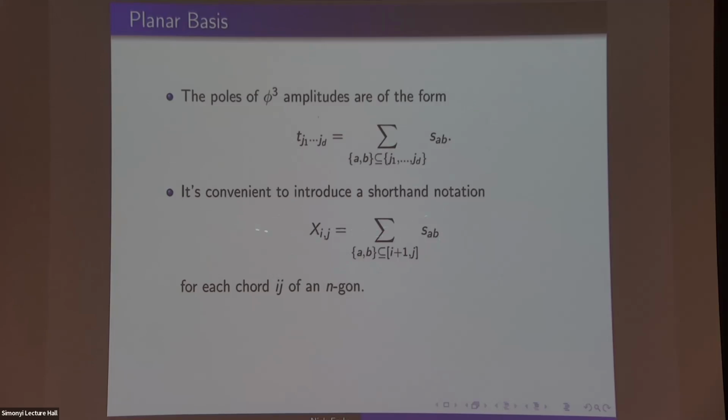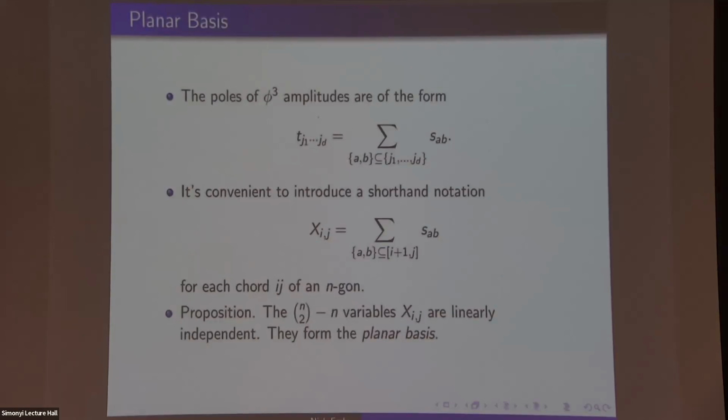It's inconvenient when we're talking about Feynman diagrams in a disk with a fixed cyclic order on the boundary, 1, 2, 3 up to n, to introduce the special notation xij, where i and j is the chord between the points i and j in the polygon. So it's for each chord ij of an n-gon.